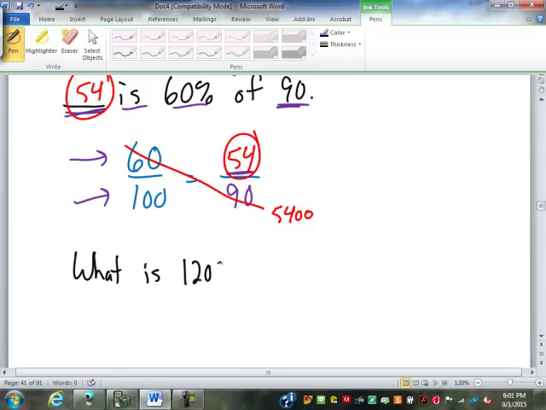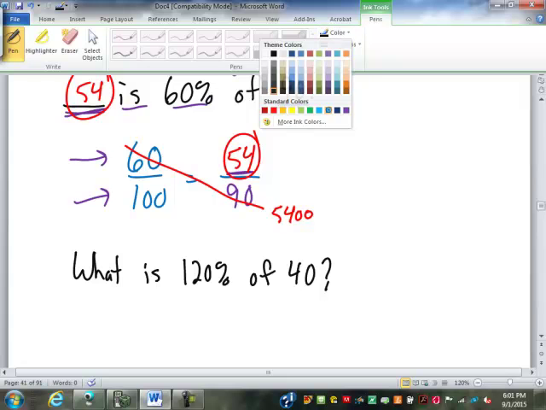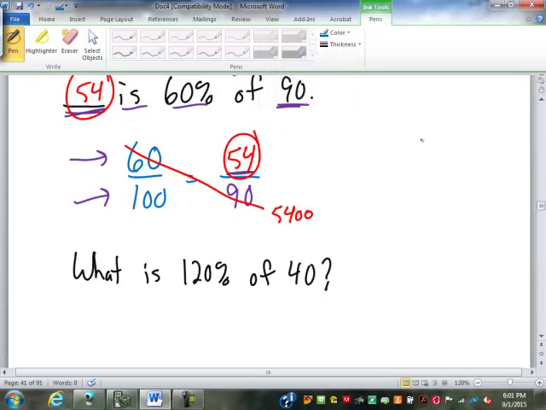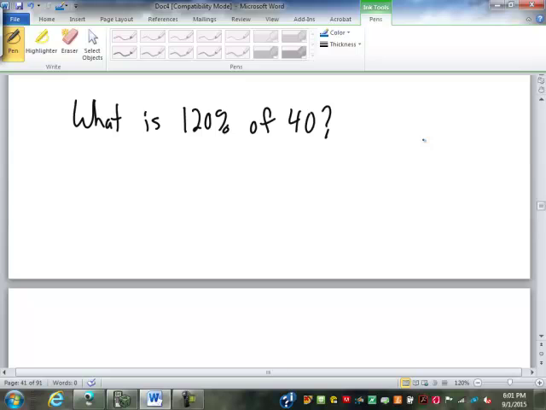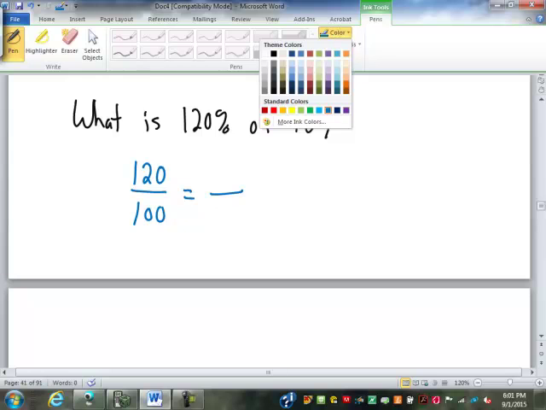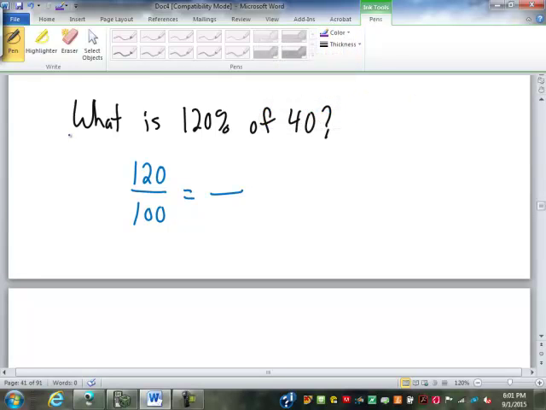What is 120% of 40? Once again, I like to start out with a percent. So 120% is 120 over 100. On the other side, again, we have two other numbers. We have a missing number. Instead of a blank, they have the word what in this one. And we have the 40.